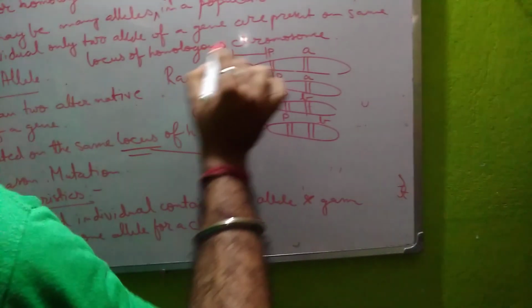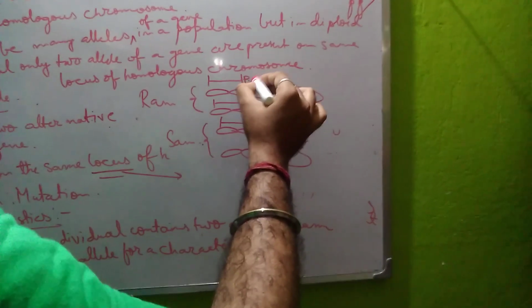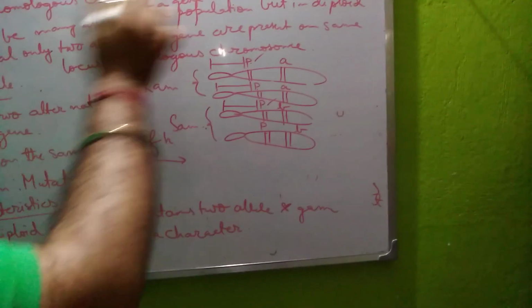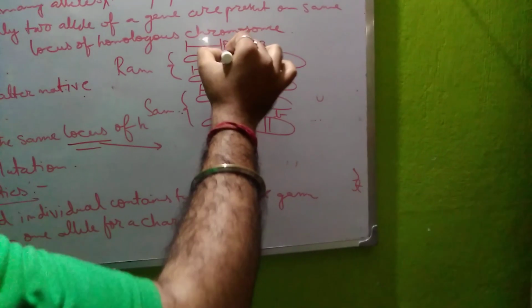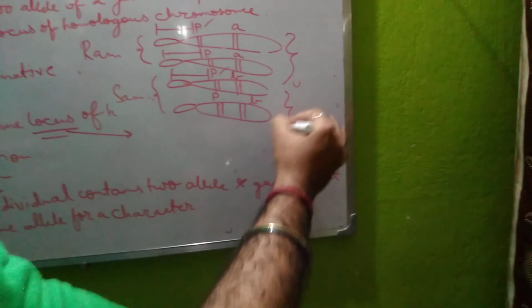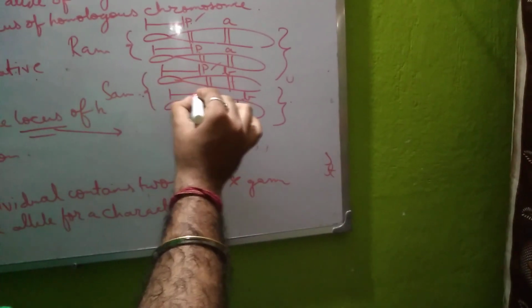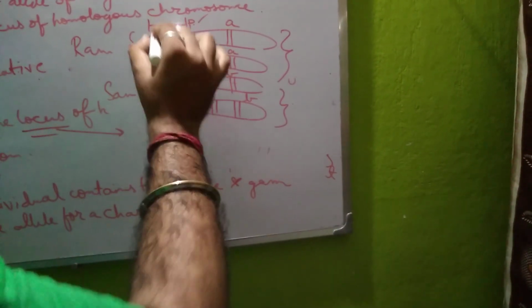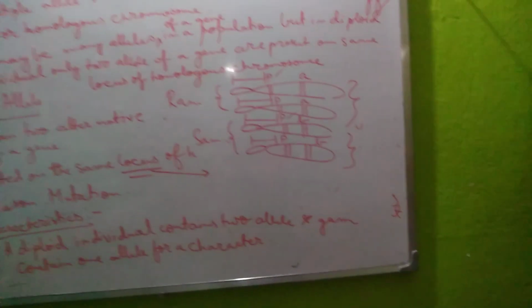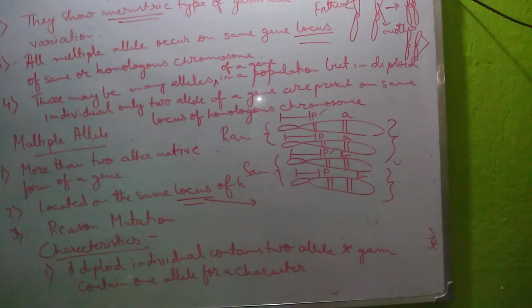So the distance between the alleles of Ram and Sam are of equal length. That is what we call the same gene locus, means in the same position of the homologous chromosome. Homologous means these two are homologous, these two are homologous. Now see, over here in Sam also the distance is same, over here in Ram also the distance is same. So that is what we call homologous chromosome. The alleles are of the same length.